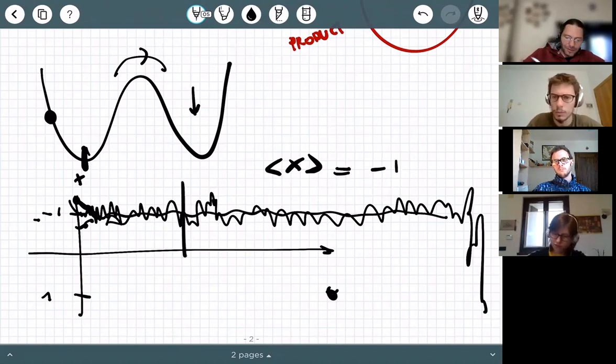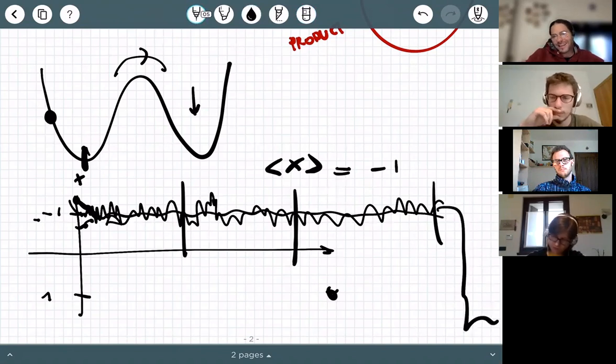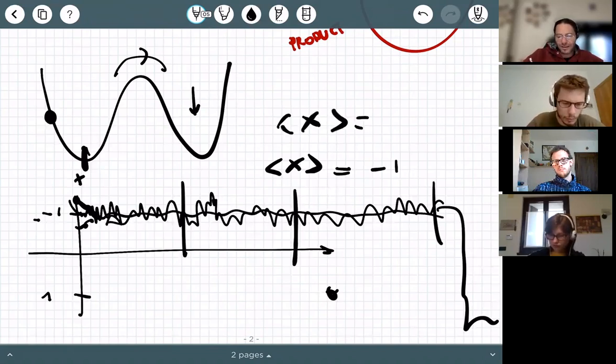And then maybe after time t, I double it and I triple it and I still find -1 and I declare I converged. But who knows, if I had waited one more time, the system would have gone to the other side. And the real ergodic result, of course, is that the average value of x is 0.